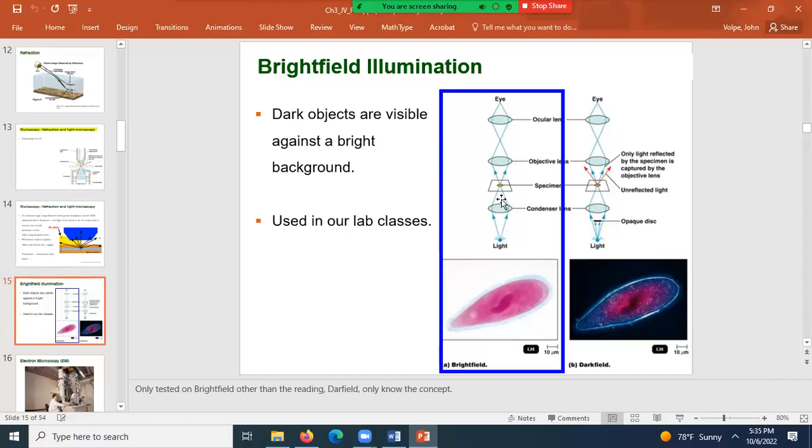The condenser puts a cone of light on the specimen, the light comes through, and that's why the specimen is light. And then the background is totally light because it's clear glass and all the light comes through. So the background looks white because that's the color of the light coming from the lamp.